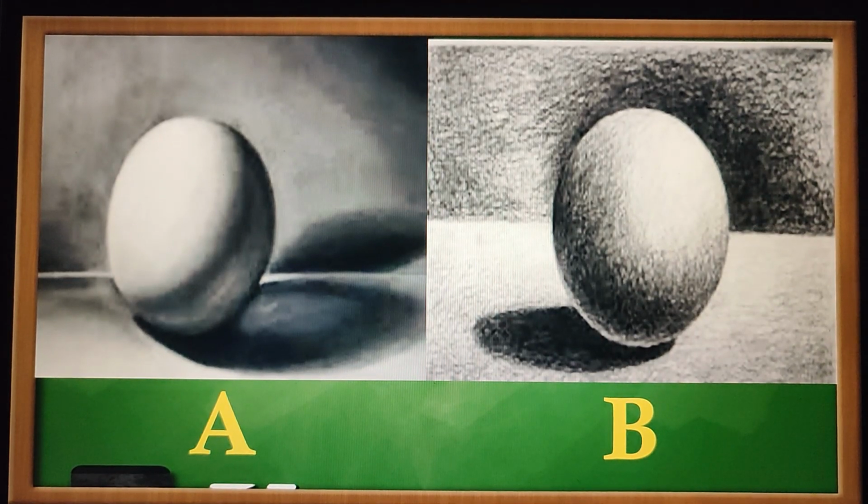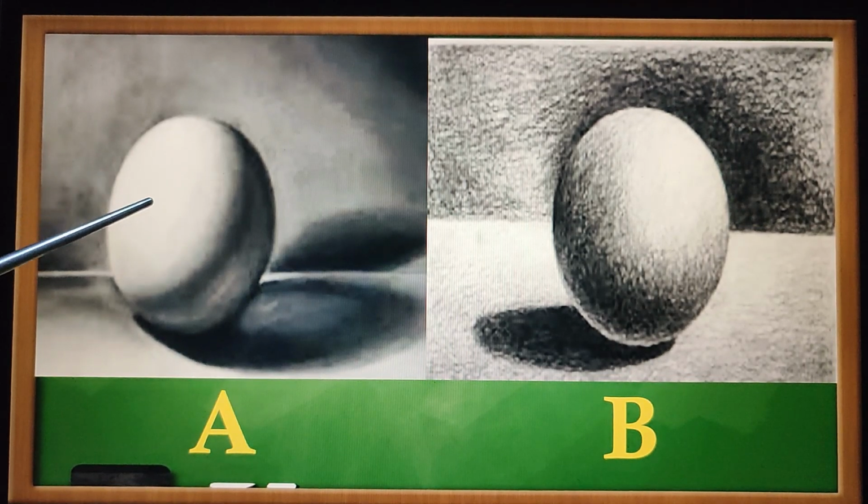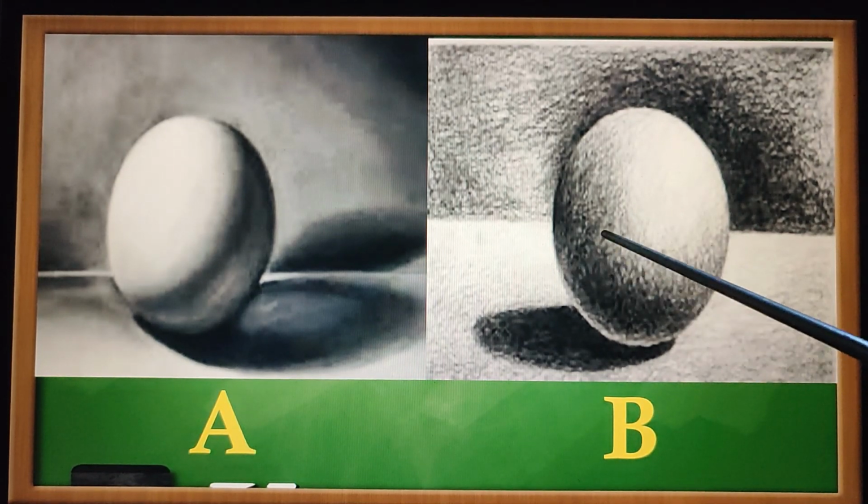Therefore, the tone on figure A is from light to dark, while on figure B, it's from dark to light.